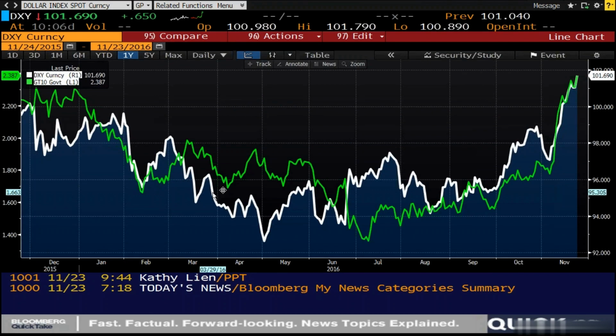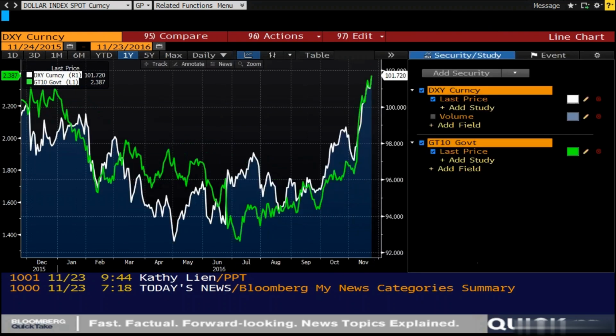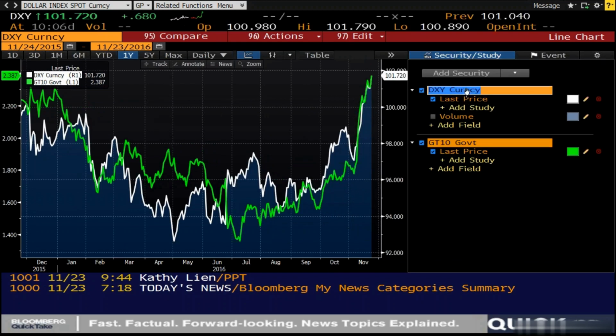And you can see that there's a very strong positive correlation between these two instruments, where when U.S. yields rise, the dollar index tends to increase as well. The next one to look at is stocks, because the dollar is also very sensitive to risk appetite.